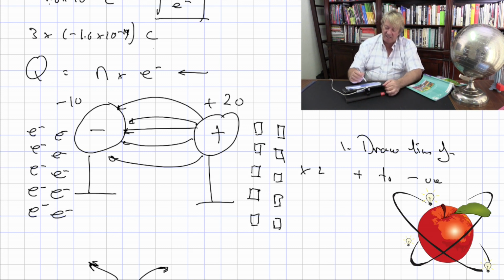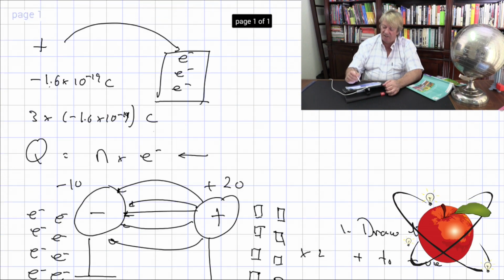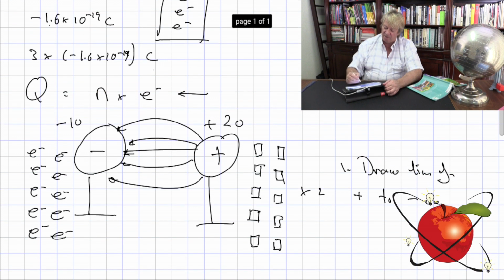So each one of these electrons is going to hop into a box over there, right? It's going to hop into a box. So each one is going to essentially cancel each other out, isn't it? So 10 of them are going to cancel out, and they're going to hop into the box here, right?